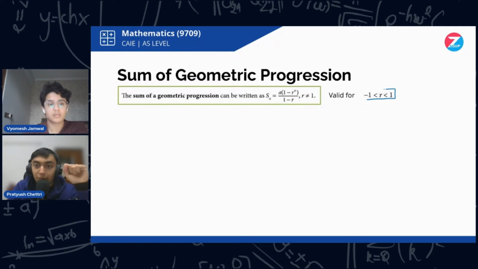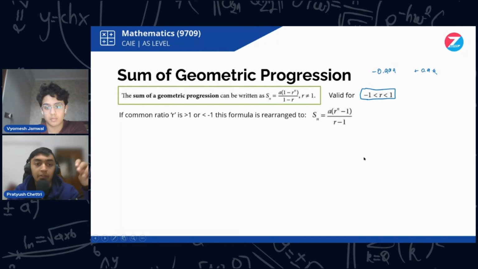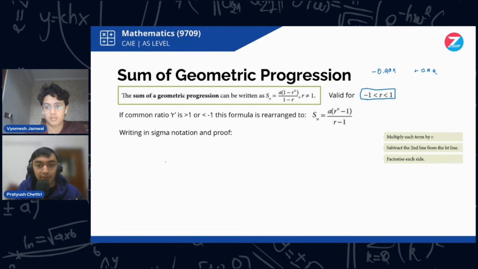And this is valid only if the magnitude of r is less than 1. So it can be minus 0.9999 or plus 0.9999 and you'd still use this formula. But if it's not, then we have a different formula, for common ratios more than 1 or less than minus 1. We multiply top and bottom of this formula by minus 1, and that gives us this new formula, which is valid for that range.